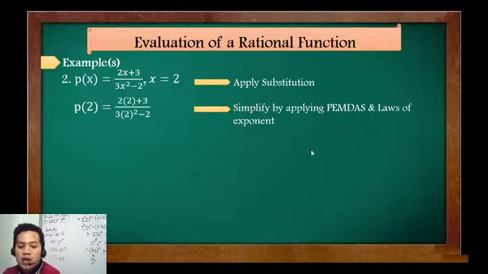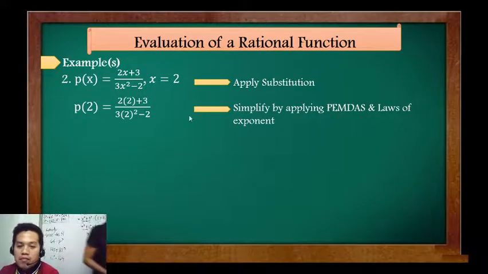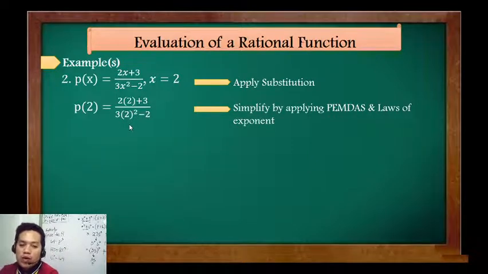Based from this given, since 2 and 2 are written side by side, this indicates multiplication. Then, in the denominator, we have 3 times 2 to the power of 2. Based from PEMDAS, exponent comes first, so we operate 2 to the power of 2 first.